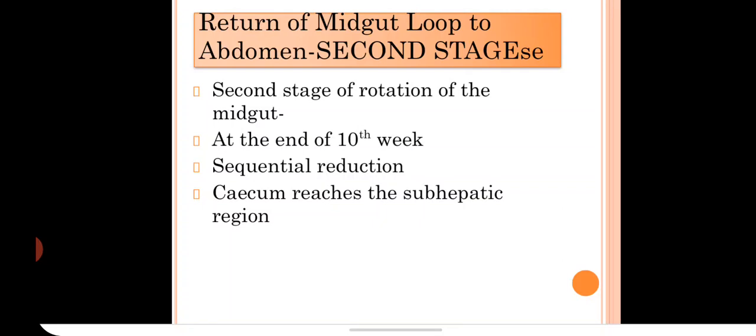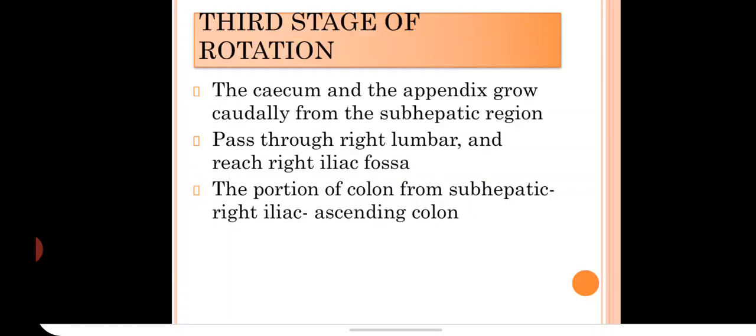There is a sequential reduction of the physiological umbilical hernia, and at the end of this stage, the cecum reaches the subhepatic region. The third stage of rotation is that the cecum and appendix should reach the right iliac fossa from the subhepatic region. So that is the third stage of the rotation.